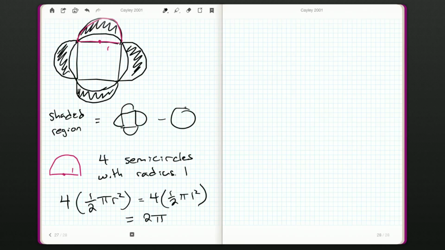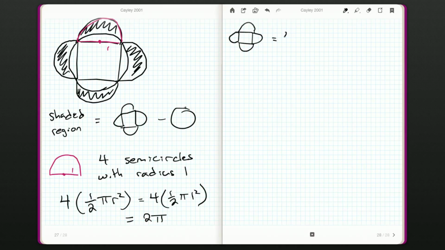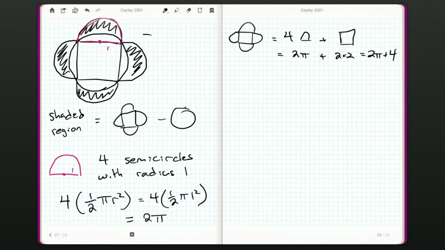So the 4 semicircles have a total area of 2 pi. So this sort of flowery figure is 4 semicircles plus the square. So that's going to be 2 pi plus, well, what's the area of the square? 2 times 2. So this is 2 pi plus 4. Now how about the area of the circle that we will put in orange?